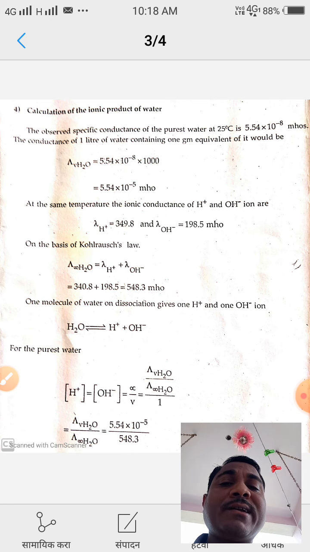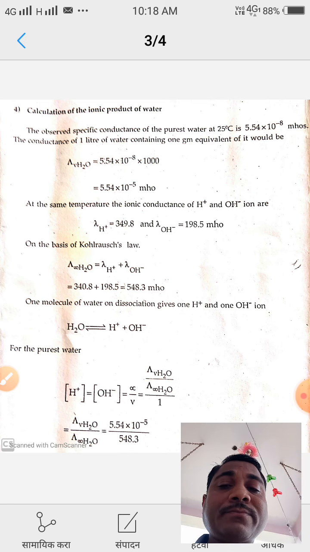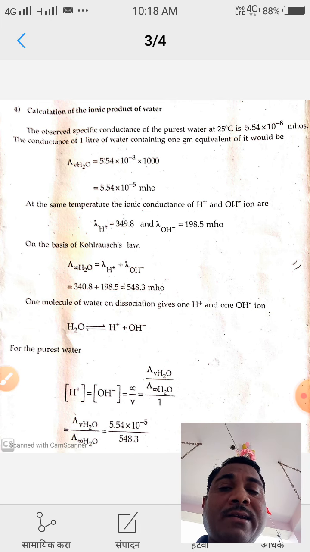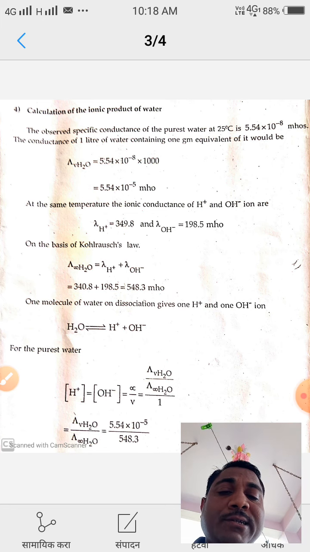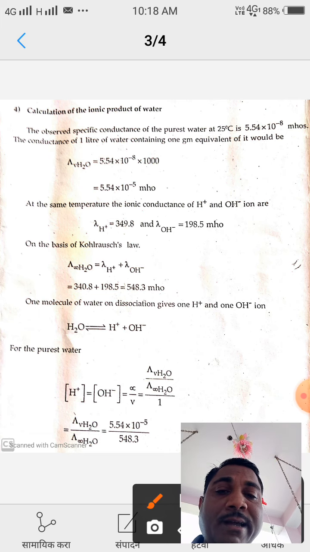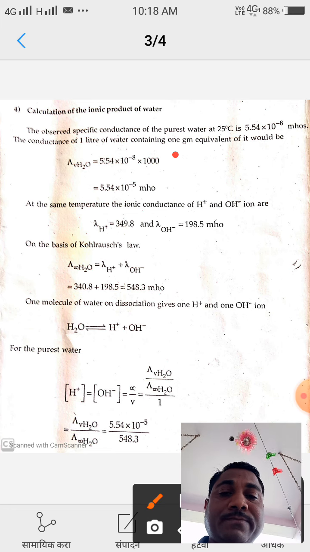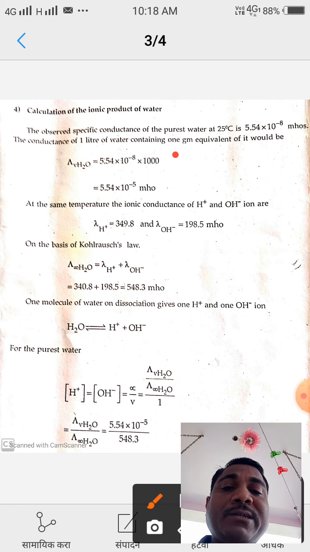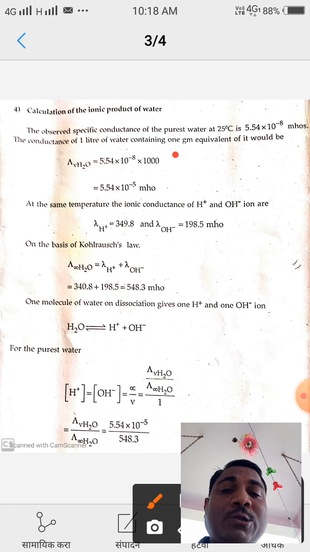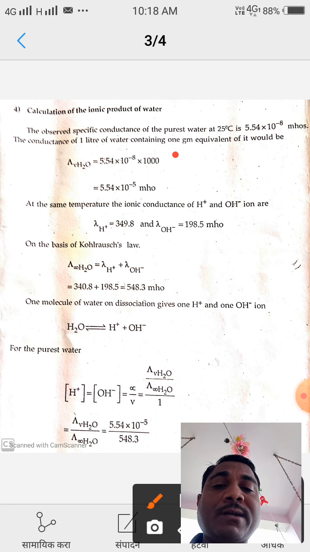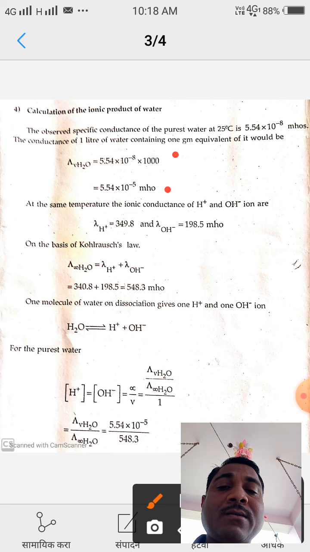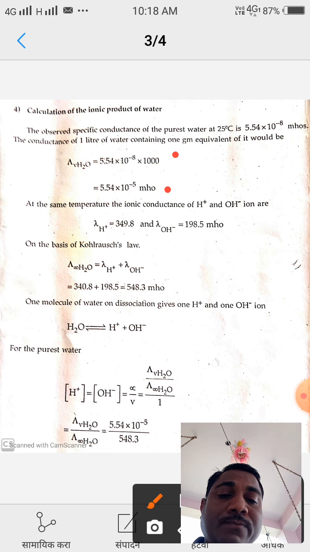The conductance of 1 liter of water containing 1 gram equivalent of it will be the equivalent conductance at finite dilution of water, equal to 5.54 into 10 raised to power minus 8 into 1000. By multiplication with 1000, the 10 raised to power minus 8 is converted to 10 raised to power minus 5. Therefore, this value becomes 5.54 into 10 raised to power minus 5.